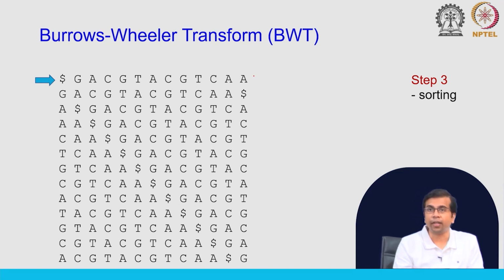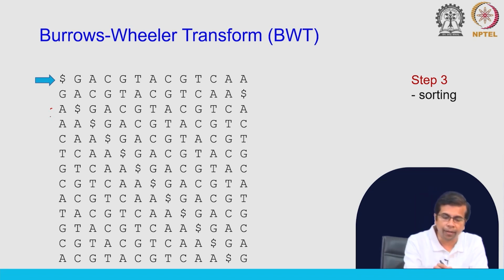Then from the rest we have to choose the second one. The second one should start with A, I think. We have 4 letters A, T, G, C. If we sort that lexicographically, we have A, C, G and T. So, all the strings starting with A will come now. Out of those strings that start with A, you have 1, 2, 3, 4.